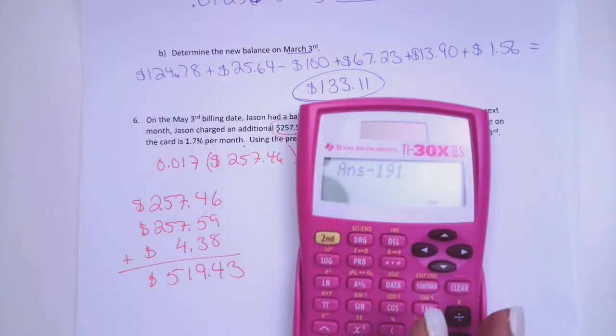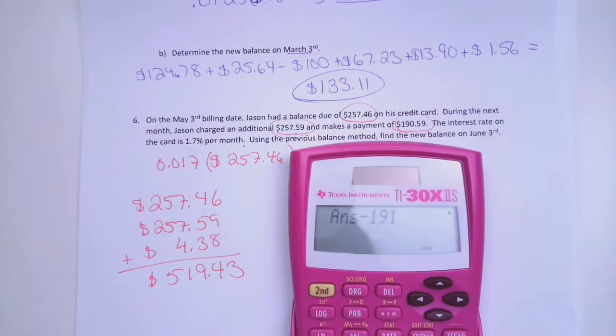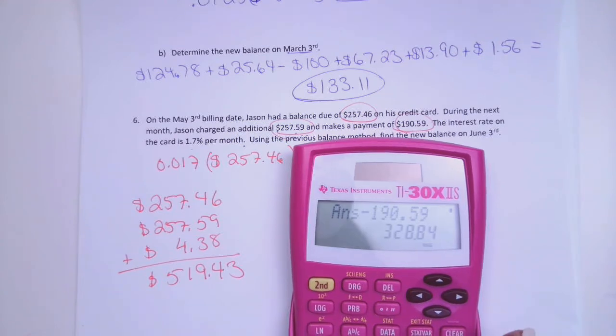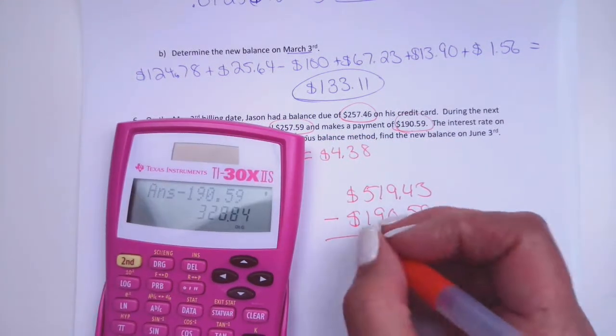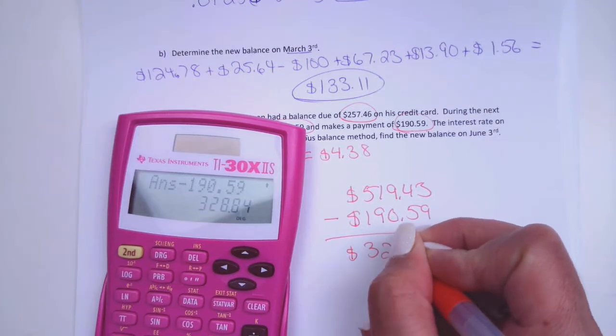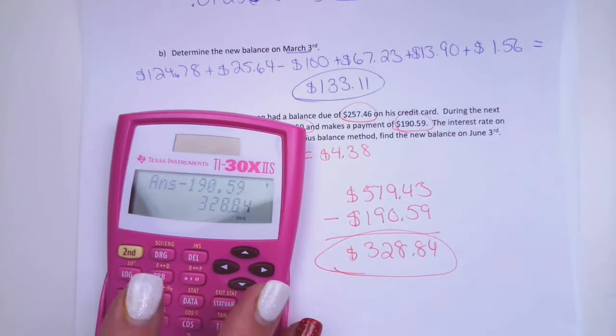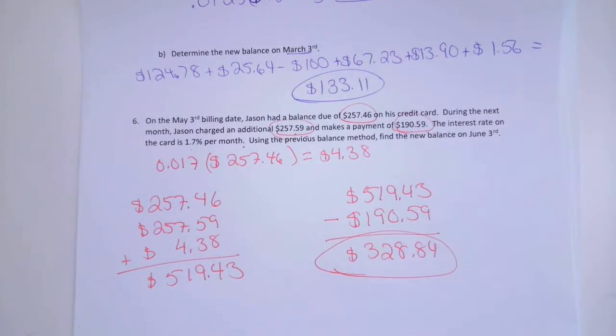It is $328.84. So that is his balance on June 3rd.